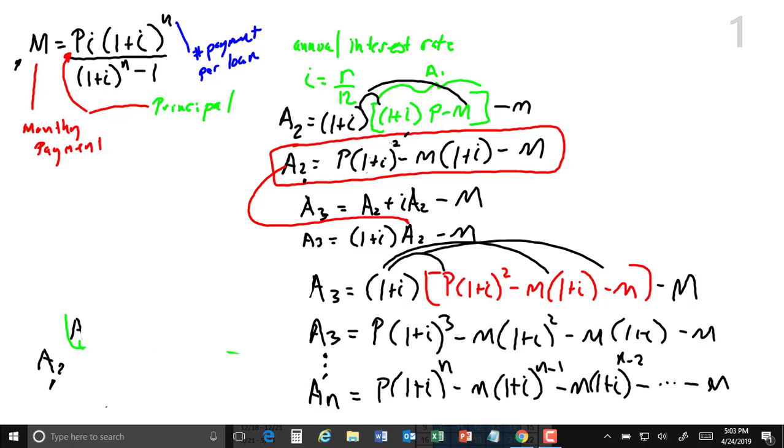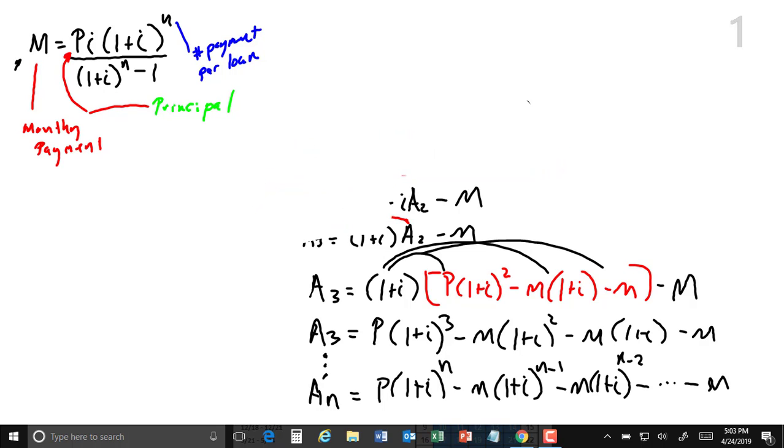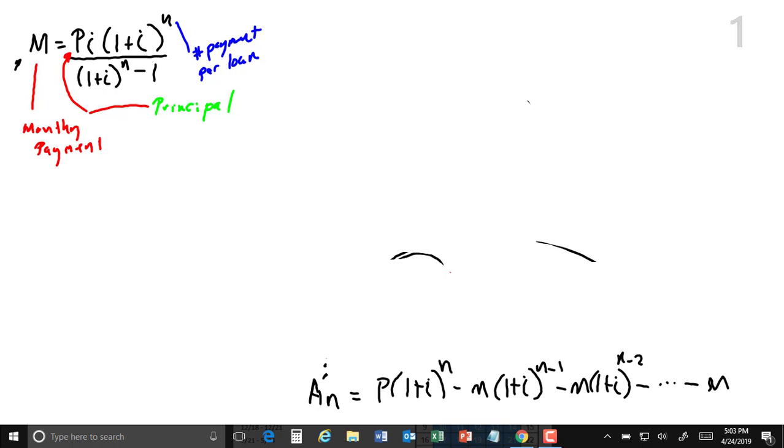The monthly interest rate I is the annual rate divided by 12. And all I really need is this bottom equation, right? Because I finally got something that's more general, and I showed you how you derive it.